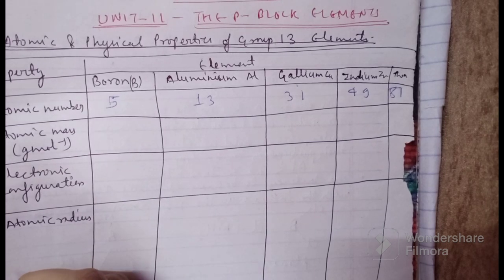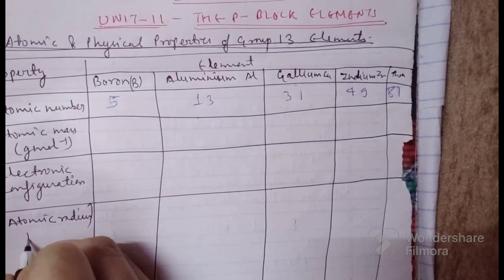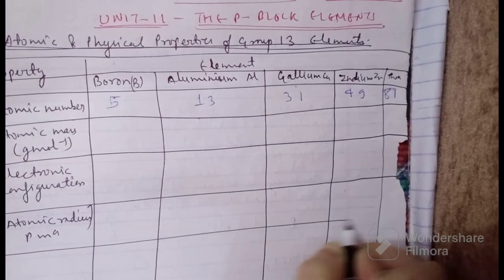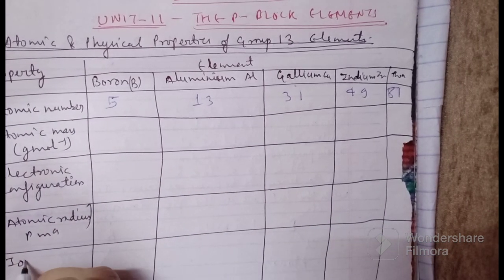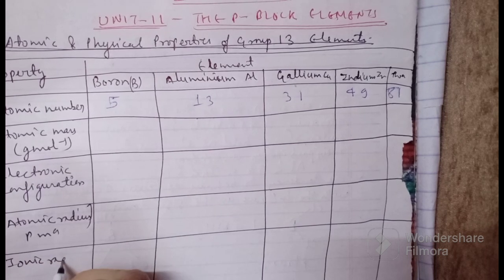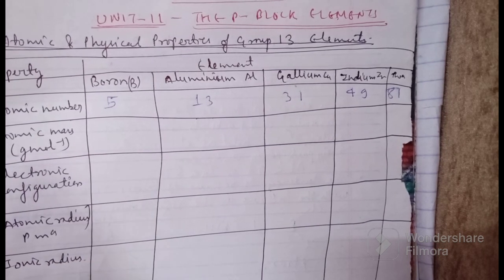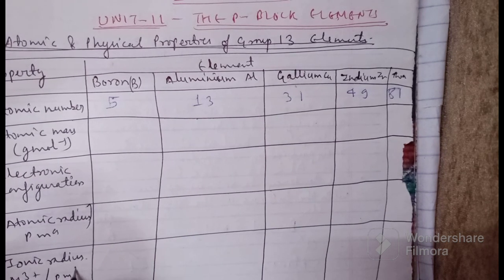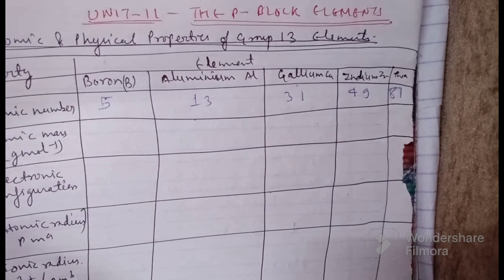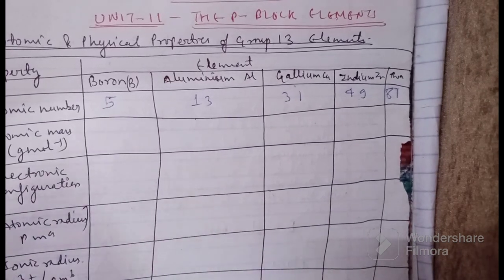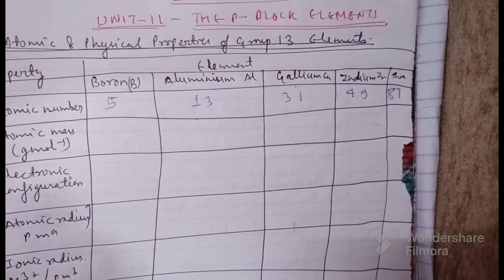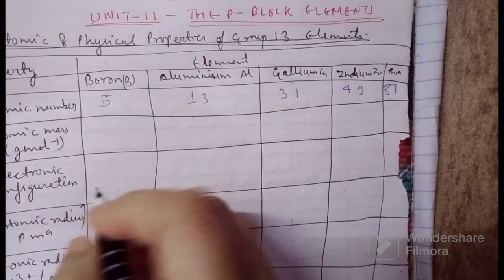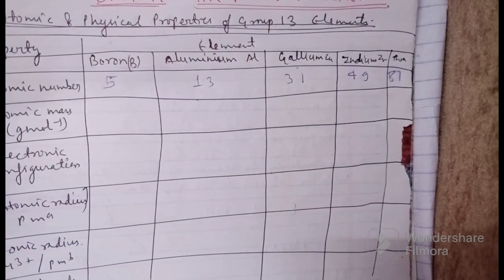Then ionic radius, M3+ in pm. Then we have ionic radius M+ in pm. Okay, so further we'll discuss the rest of it.